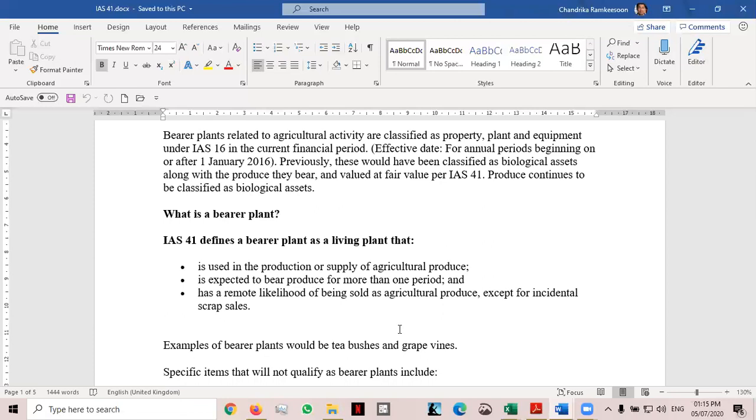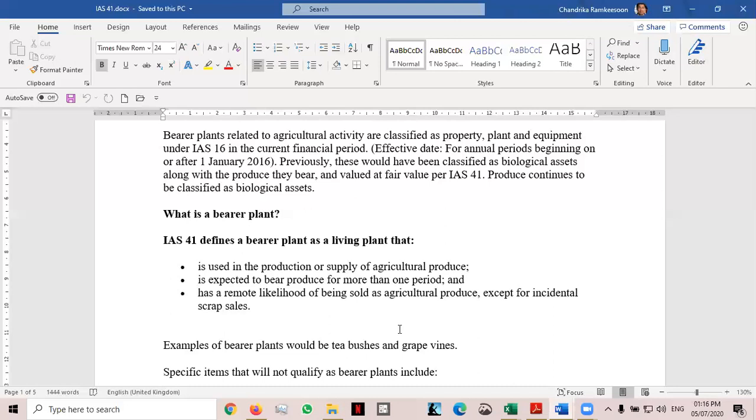Now, in case you're saying to yourself, but I thought bearer plant is under IAS 16. Yes, it is. But again, we need to look at the definition of it. Remember, at one point, they were all included under IAS 41. So a bearer plant, a living plant used in production or supply of agricultural produce, is expected to bear produce for more than one period and has a remote likelihood of being sold as agricultural produce, except for incidental scrap, meaning the plant itself.